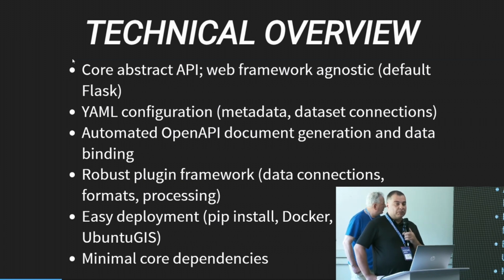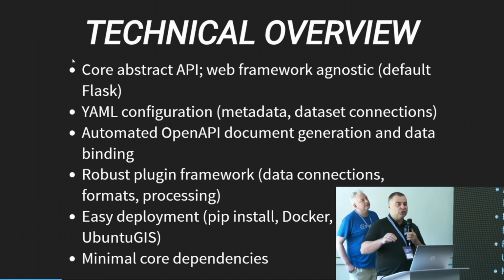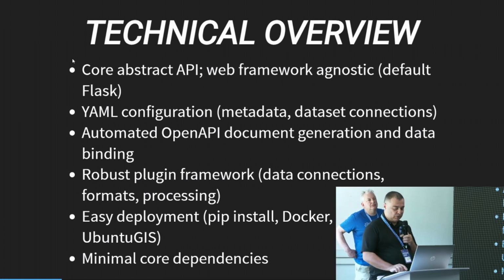We're built on a robust plugin framework. So everything we try to do in PyGeoAPI is built on a plugin, and it's extensible. So we try to follow the OGC API pattern of core and extensions for specifications in doing that in the actual software as well.